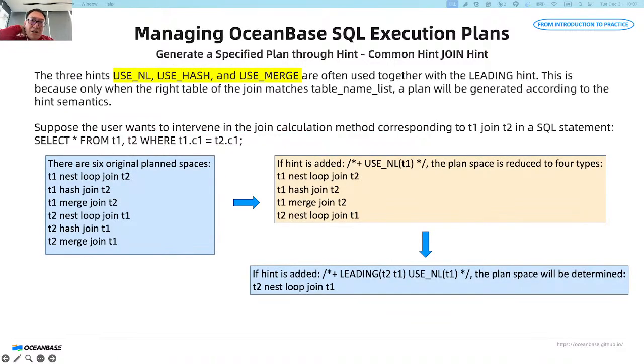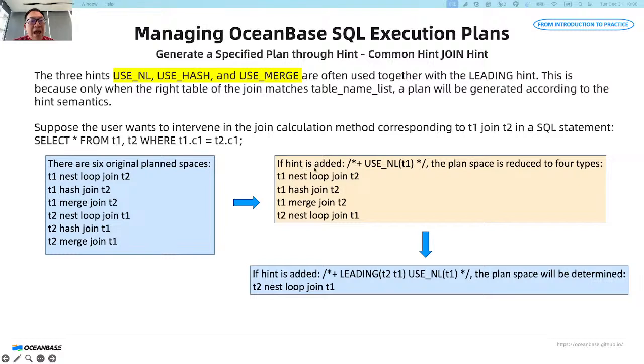The 3 hints use_nl, use_hash, and use_merge are often used together with the leading hint. This is because only when the right table of the join matches the table name list, a plan will be generated according to the hint semantics. Let's take an example. There are 6 original plan spaces.